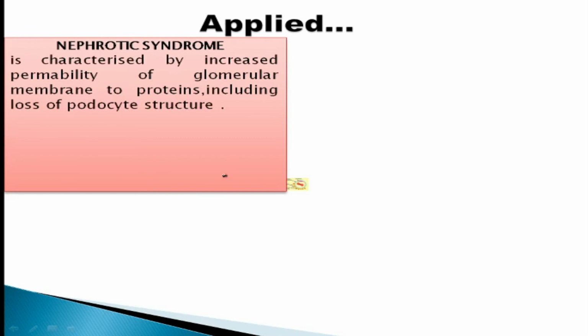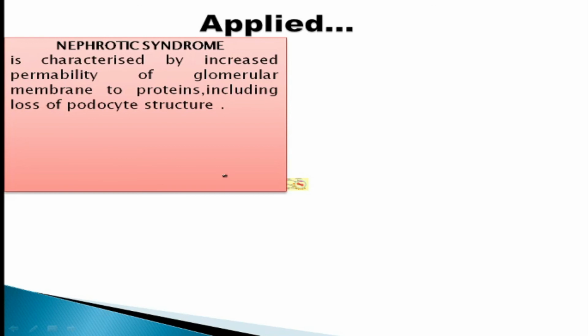Okay. Now here we have something which is very important related to the glomerular filtration barrier, a term known as nephrotic syndrome, characterized by increased permeability of the glomerular membrane to proteins, including the loss of podocyte structure.